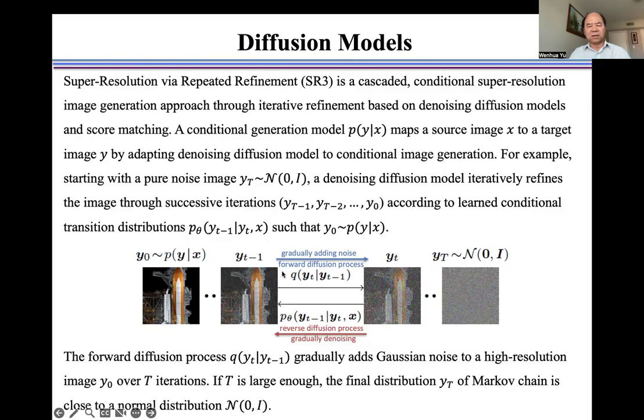This is a forward diffusion process, and this is a reverse diffusion process.